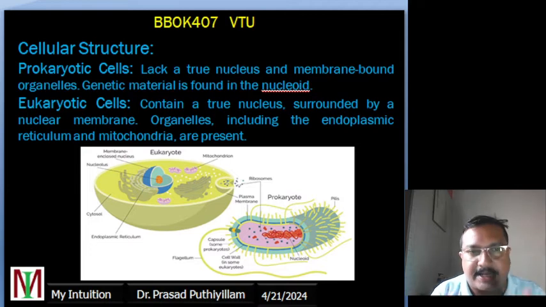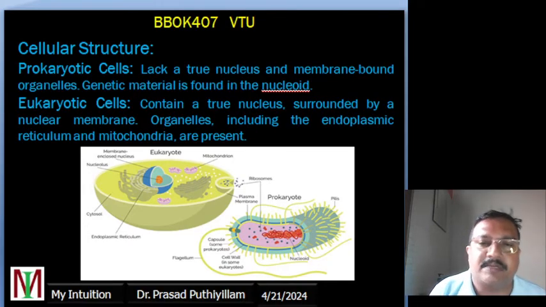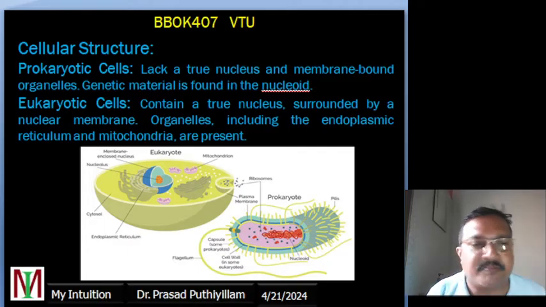This nucleus acts like the control center where the DNA is present within the double membrane. Not even a single membrane, a double membrane. DNA is very safe. This separation protects the genetic material and allows for controlled access during the cell processes. The different organelles, including the endoplasmic reticulum and mitochondria, are all present.